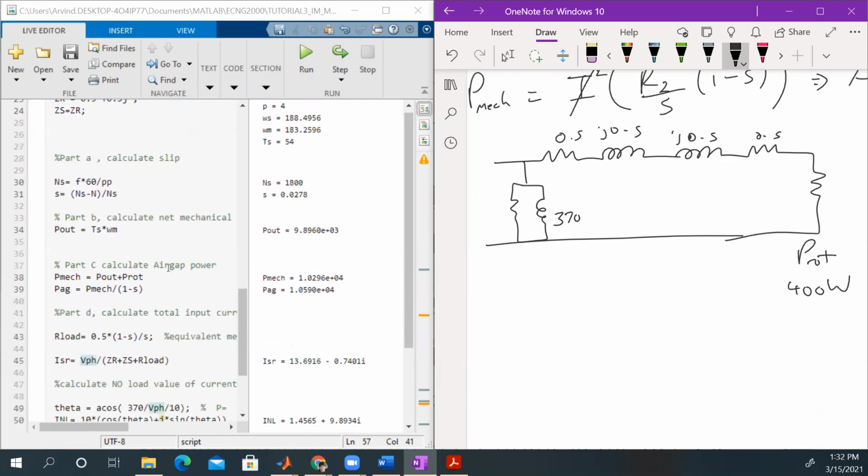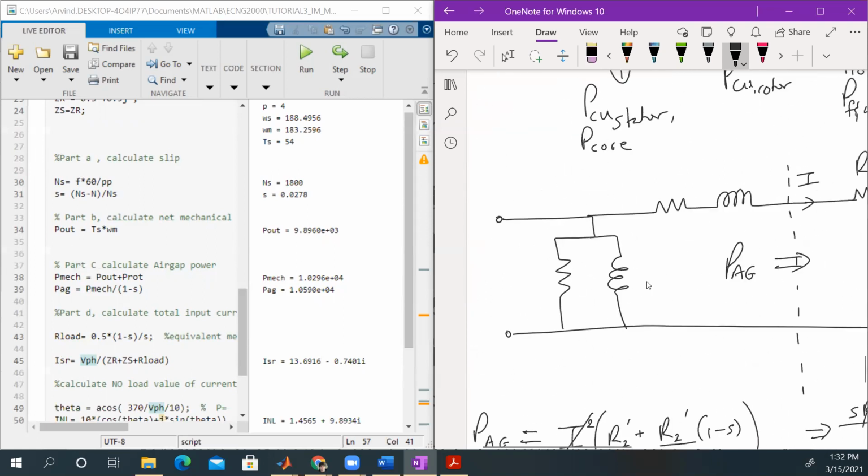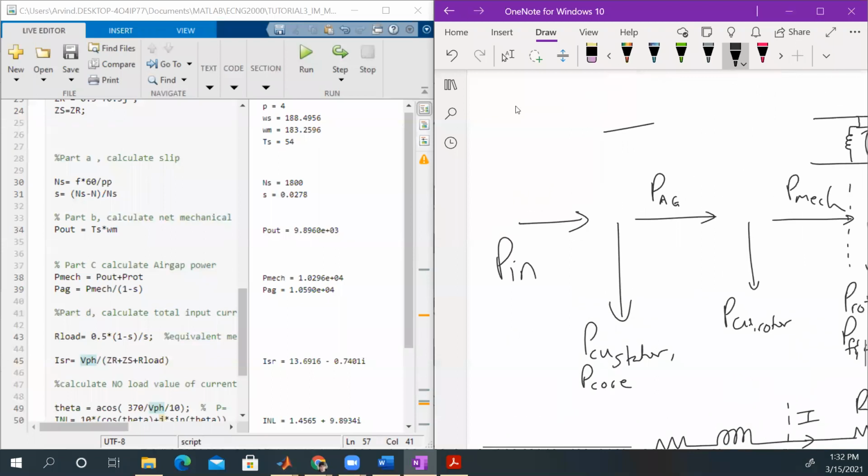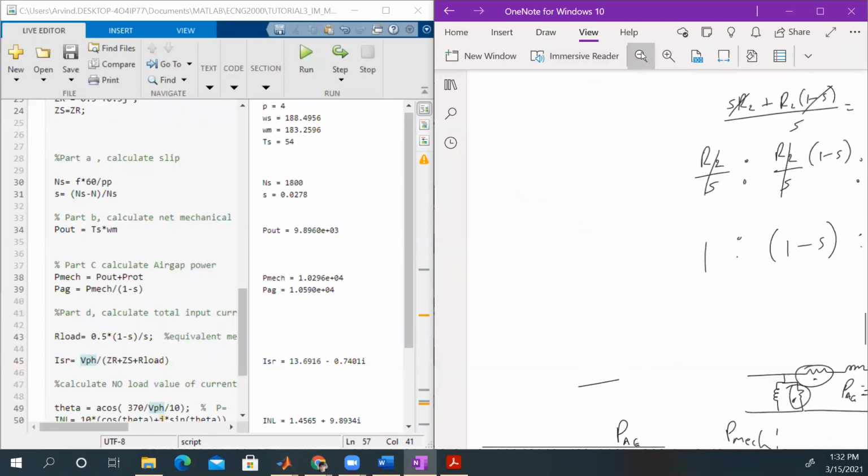We want to get the air gap power. So we know the air gap power is related to the total mechanical power, right? So as we saw in our diagram before, let me get this a little bit smaller still.